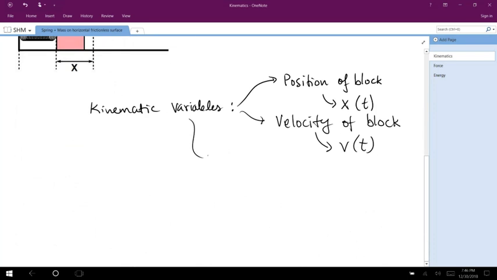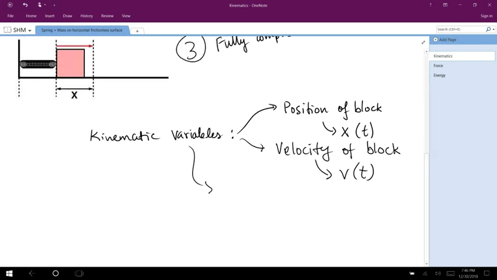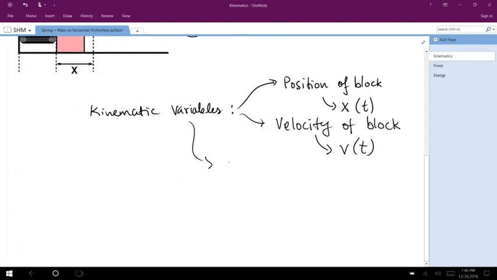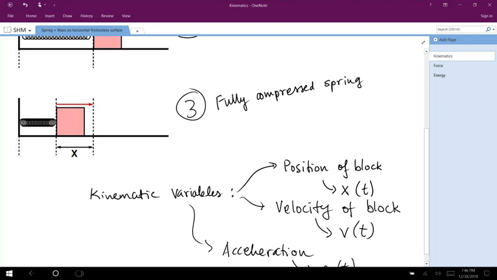And finally, can we talk about another kinematic variable? Well, position was changing with time, so we had velocity, because velocity is the time rate of change of position. And we just said that the velocity of the block is also changing with time, so we can also talk about the acceleration of the block, which is also a function of time.